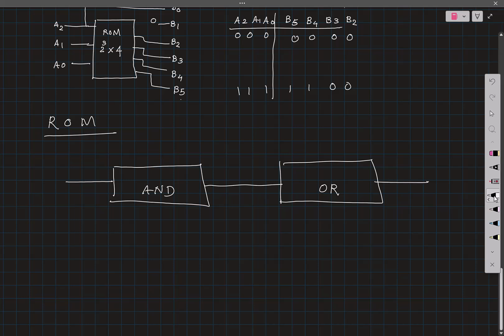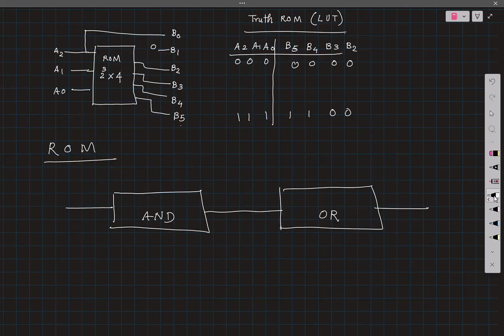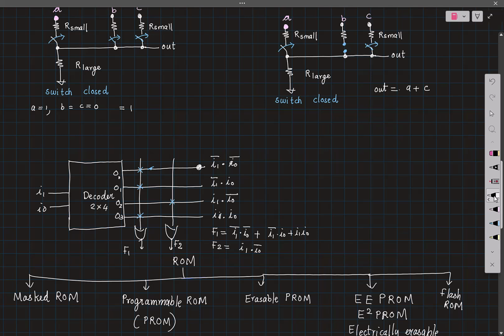Is it the AND gates or the OR gates? Only the OR gates are programmable, because you can program where you want to put these connections. The AND gates are determined by the decoder. It is fixed. You are calculating all possible AND gates, all possible product terms.